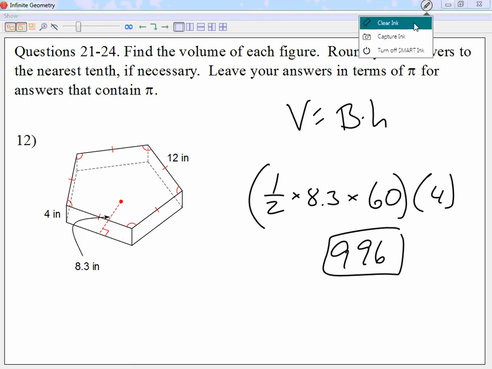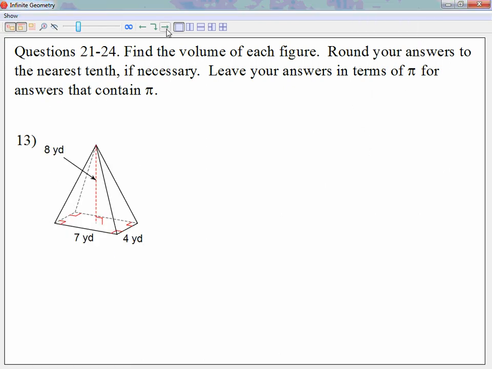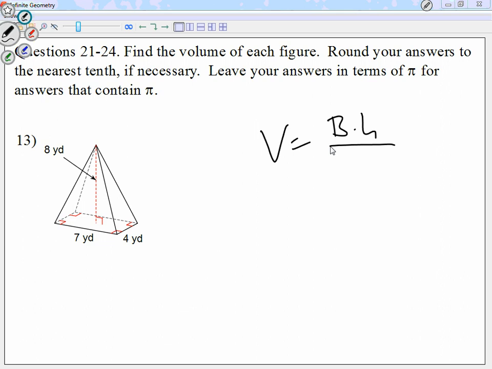Now, when we have pyramids or cones, the volume is area of the base times height divided by 3. So here, the base is a rectangle. It's a 7 by 4 rectangle. We talked about how to get the area of a rectangle. It's 28. That was what we talked about yesterday.